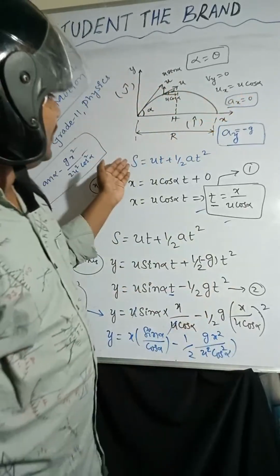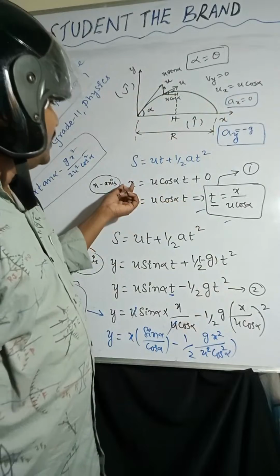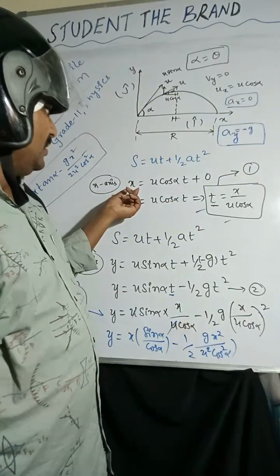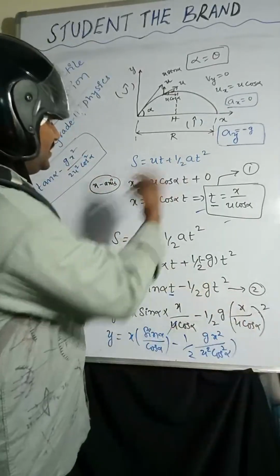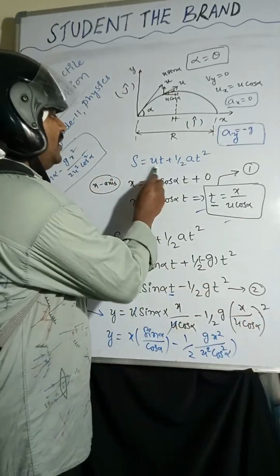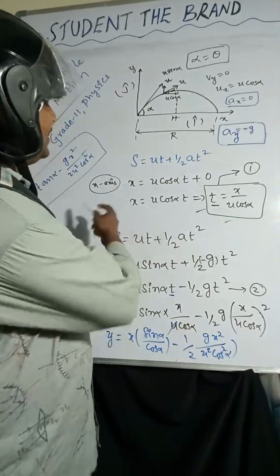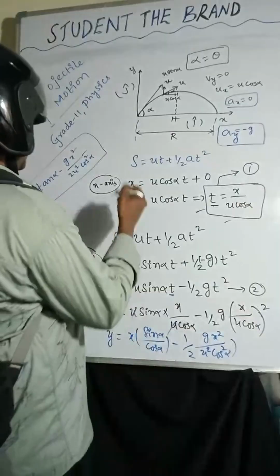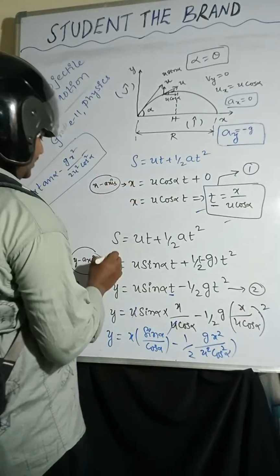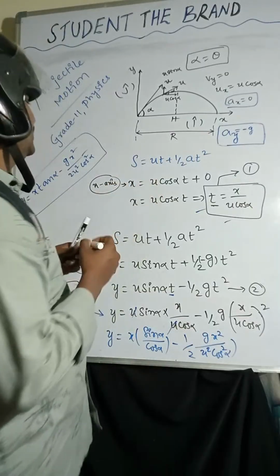Those are s equal to ut plus half at square. Along the x-axis, I'm taking distance x, so displacement is also x, and u cos alpha, as already mentioned for the x-axis.